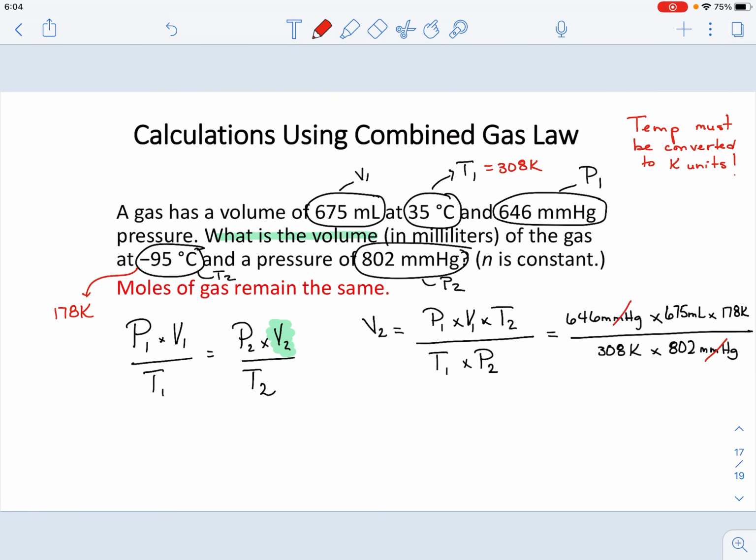As you can see, the millimeters of mercury cancel, the Kelvin cancel. And our result is going to be in milliliters, which is the unit requested. So we're going to do 646 times 675 times 178, and we're going to divide that by the multiplication of 308 times 802. So we get here that the final value, if we round it to 3 sig figs, is going to be 314 milliliters.